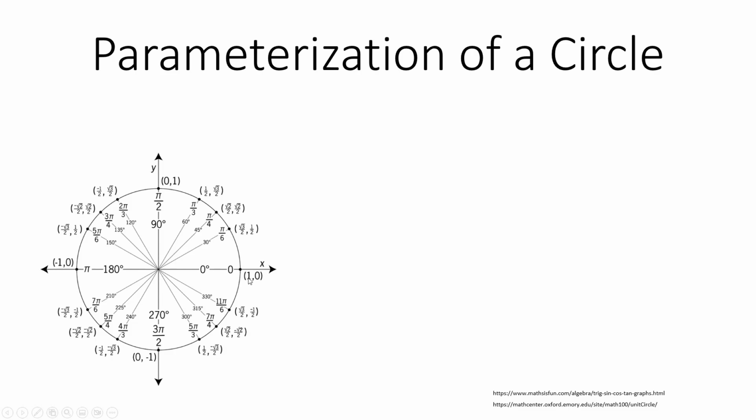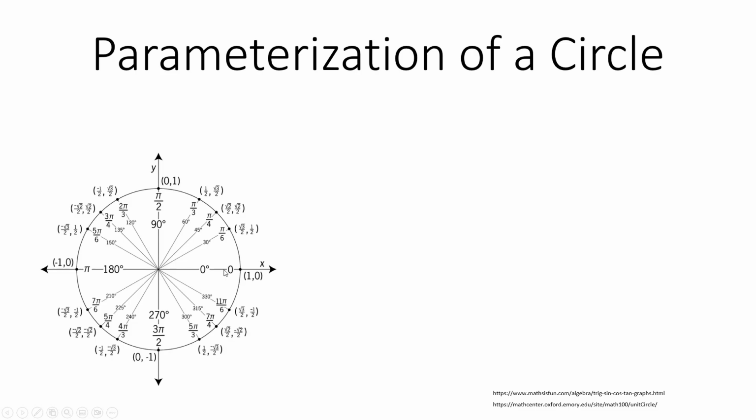For example, we've got here 1, 0 on the x-axis to the right, 0, 1 on our y-axis at the top, negative 1, 0 at our negative x-axis on the left, and 0, negative 1 on our negative y-axis at the bottom. We can also think about if we have a constant radius coming from the origin, at different angles, we can get points along this circle.